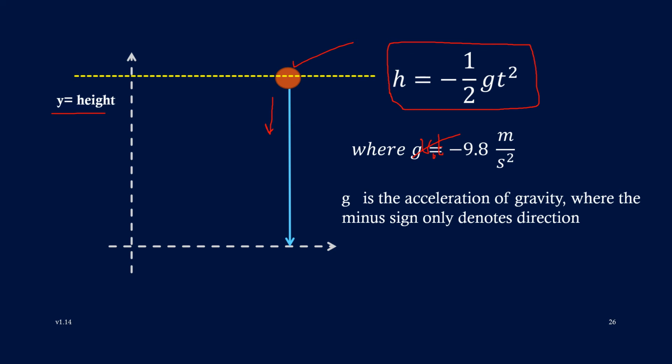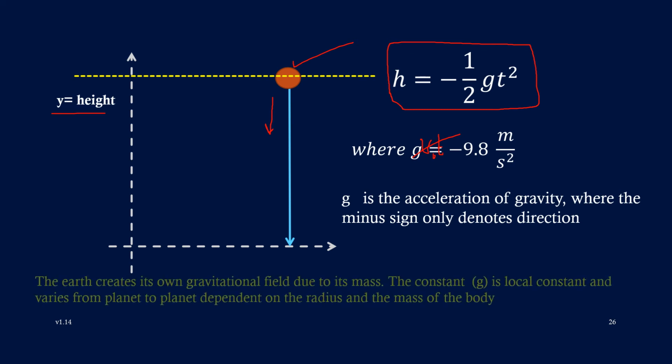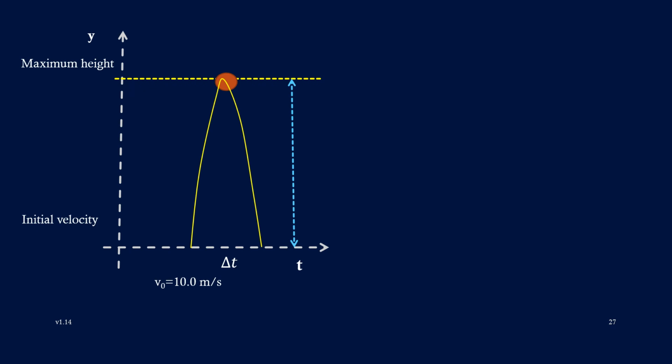So g is a constant, the acceleration of gravity, where the minus sign only denotes direction. In this case, we're working in one dimension. Up is plus, down is negative. Okay, so let's look at another situation where we throw an object, a ball, what have you, up to a certain height with a certain initial velocity going upward.